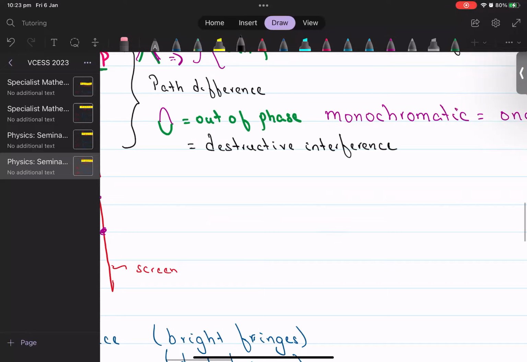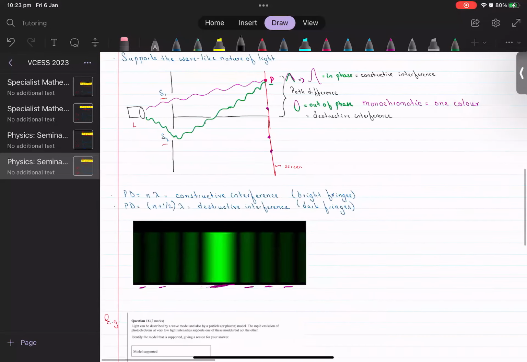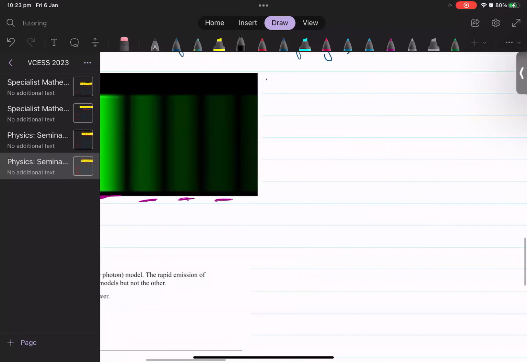So maybe if you look at the diffraction pattern now, this is what's called a diffraction pattern. Diffraction means the spreading of waves as they pass through a set of slits, or some sort of hole in some surface.